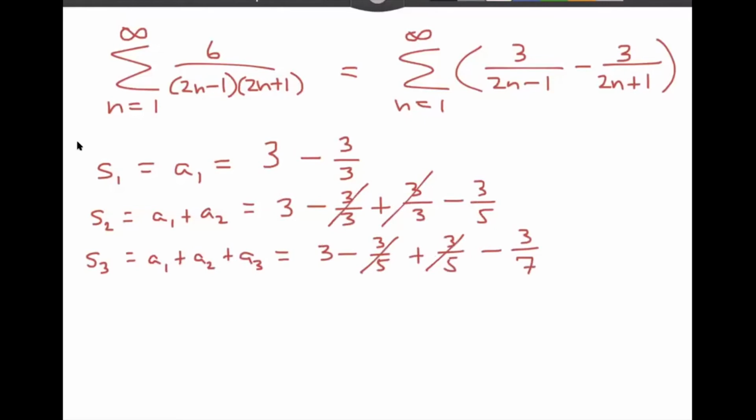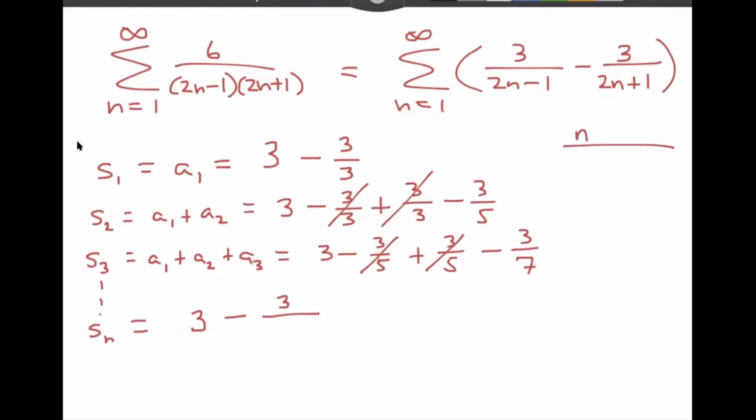Okay, so we've got a pattern here. The pattern is that in the nth partial sum, the first term is 3, and then the second term is minus 3 over something, and the something is 3, 5, 7, et cetera. This is an arithmetic sequence, that 3, 5, 7, et cetera. We talked about those in section 10.1.